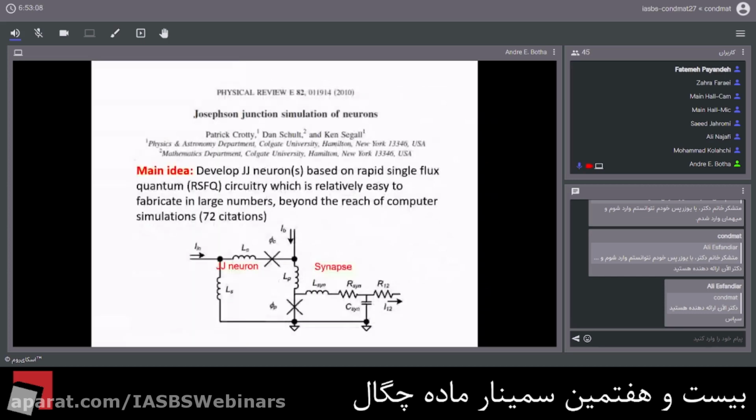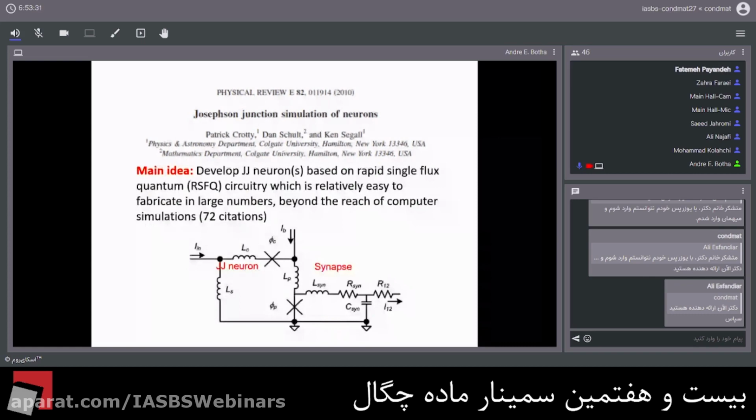In that paper, they developed this circuit, which I've just explained, based on existing technology that already existed for squids, basically, where they have a rapid single flux quantum device.